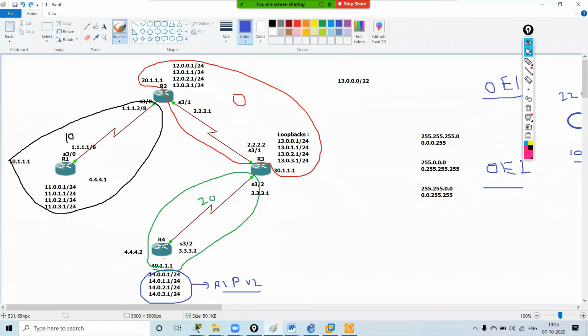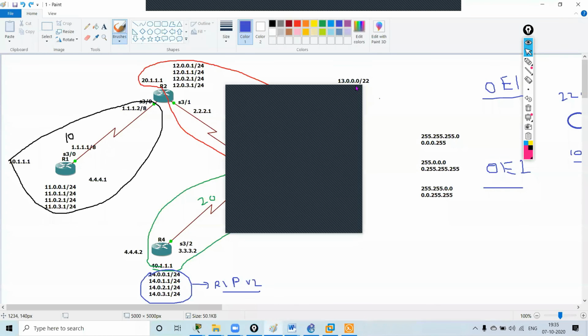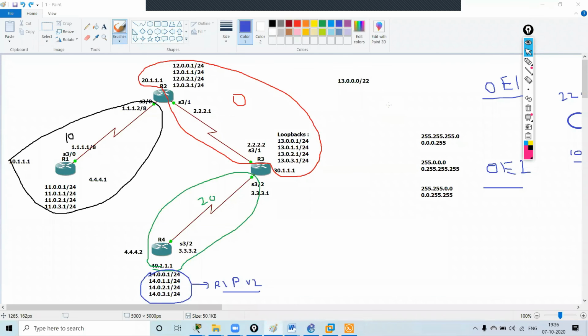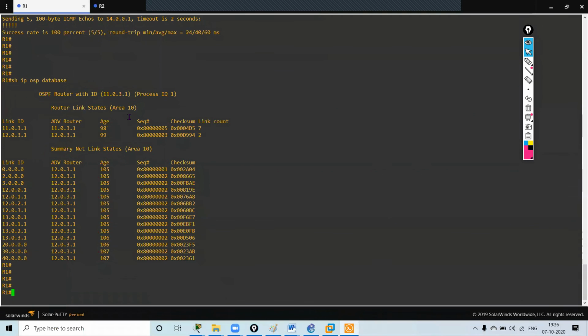R4 is running two routing protocols, RIP and OSPF. ASBR is my R4. Understood? Yeah, good example. Thanks. Now this is something my stub area. Okay.